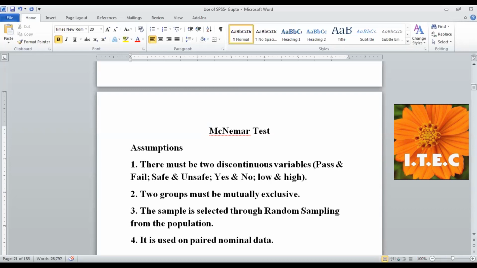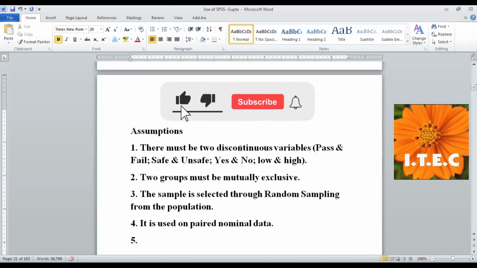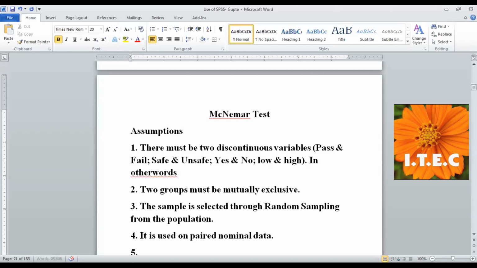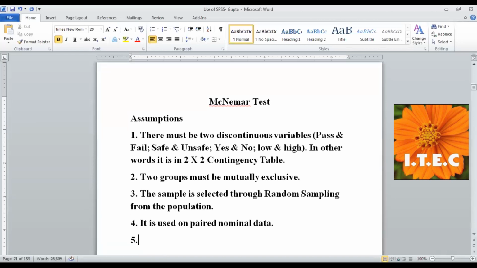Then another is that for each one there should be two categories. So, as I have already said, two dichotomous variables, or you can say it is used on a 2x2 contingency table. So these are some of the assumptions.